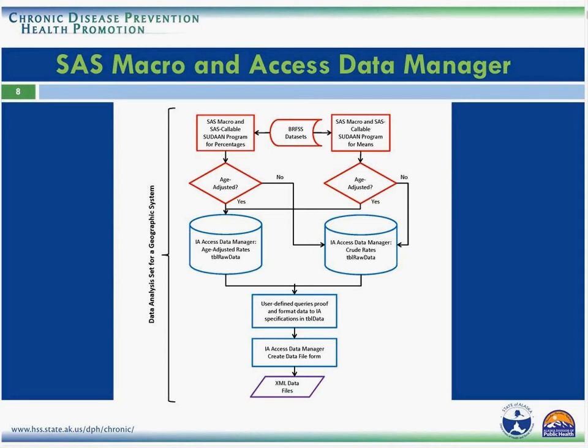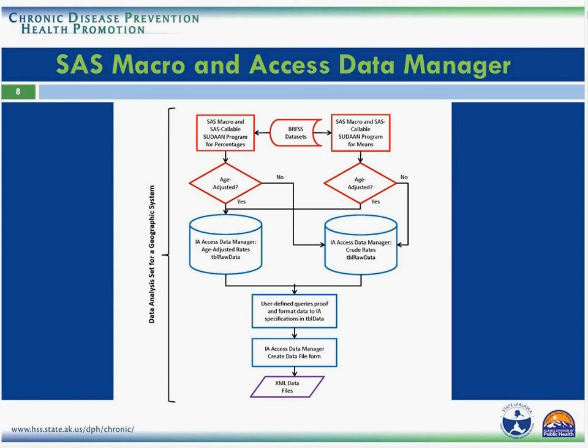This schematic shows how we take the data from the Access Data Manager. So we have the table data layout feeding information into our SAS callable program for percentages, and then we will have a comparable table data layout _ mean for those few variables which require means.